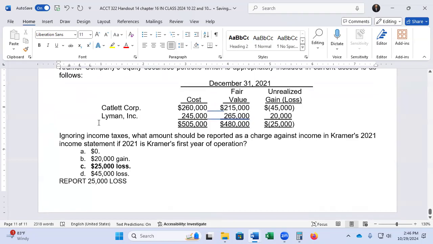Okay, any questions? We still got more of these to do. So now we're jumping to the other handout.